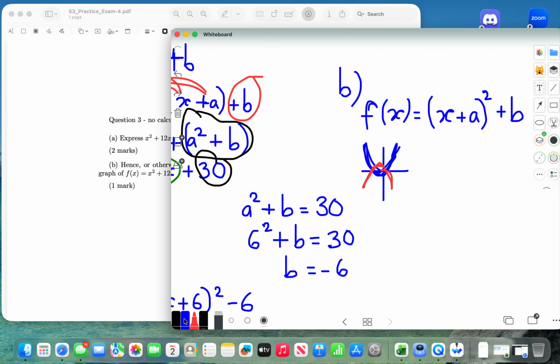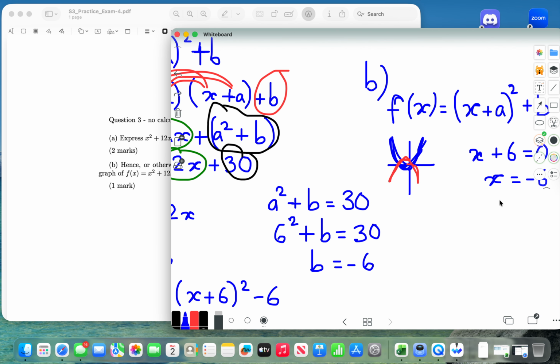Now we have to find x plus a equals 0, so x plus 6 must equal 0, and x equals minus 6. So for the minimum turning point, x equals minus 6.